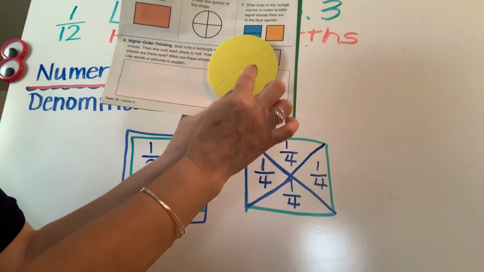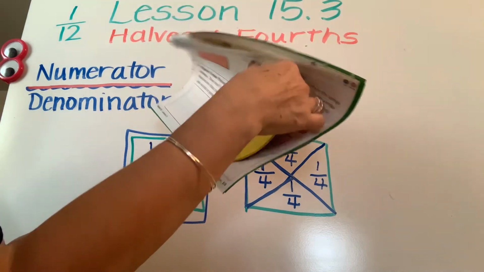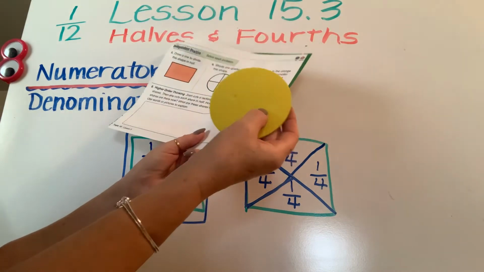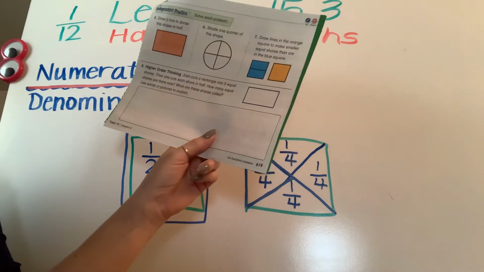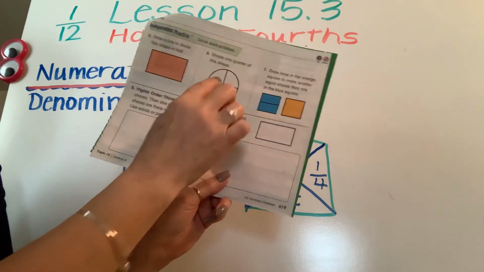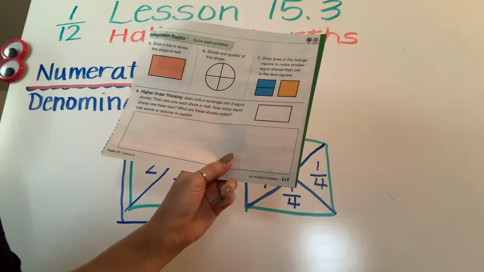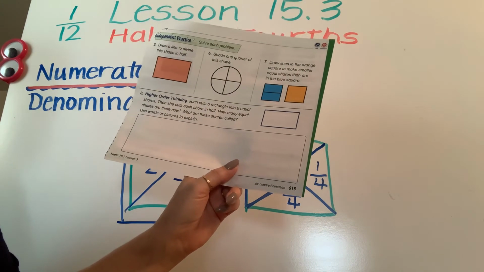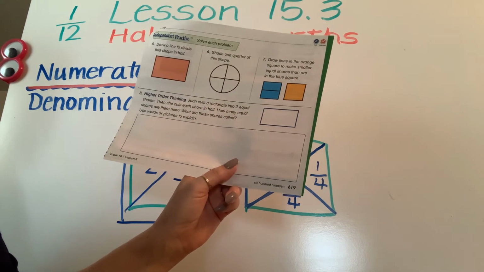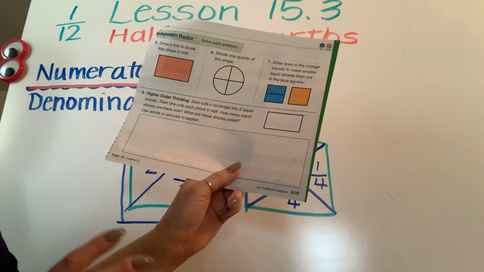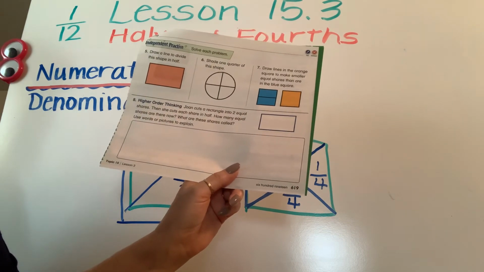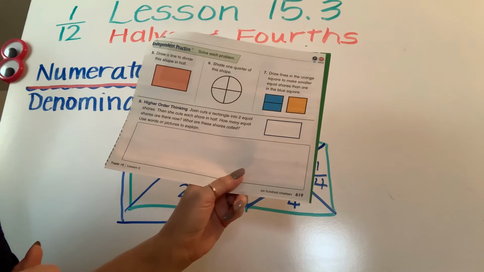Or this is not magnetic. 1/4 would be just one part of that pizza. It would be 1 piece over 4. There we go.